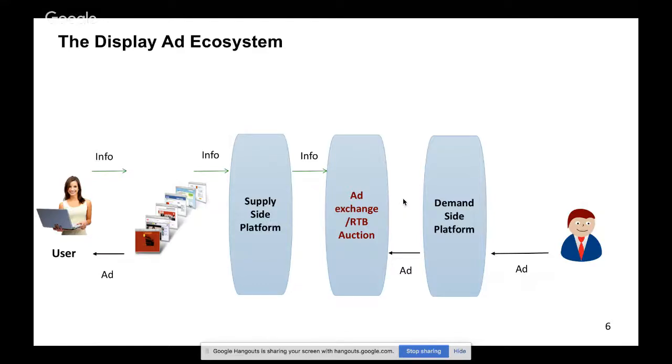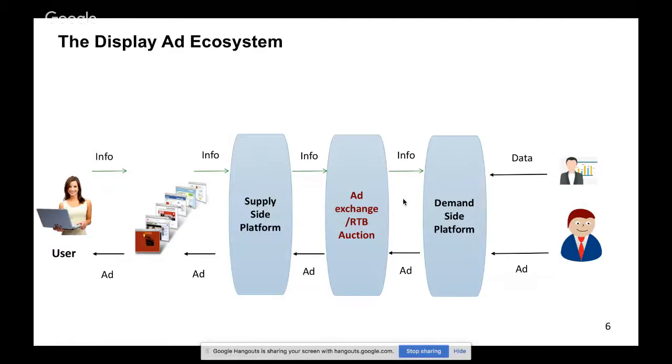After the deal is made, the ad is transferred through the supply side platform to the publisher and then to the user, and the information of the customers can be passed to another player in the display ads ecosystem, that is data analytics.